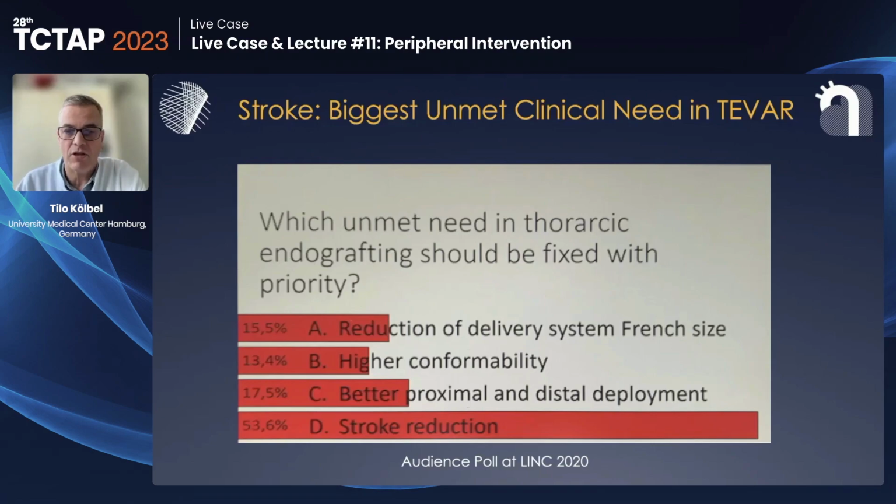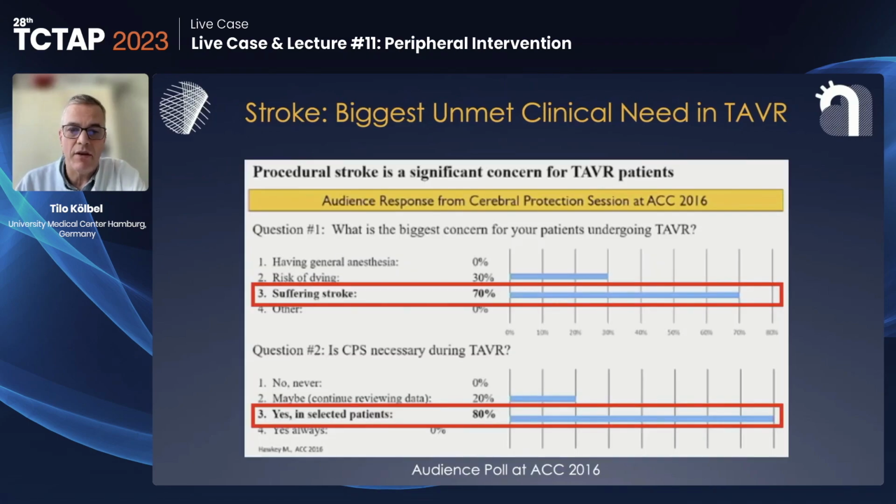It is stroke reduction with a vast majority. If you look at an audience poll at the ACC about what patients are most concerned when they consider TAVR, it is stroke. So this is the area where we need to focus more of our efforts on in the future, how to avoid stroke.